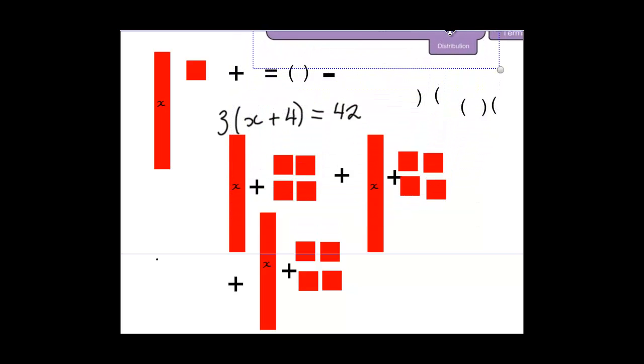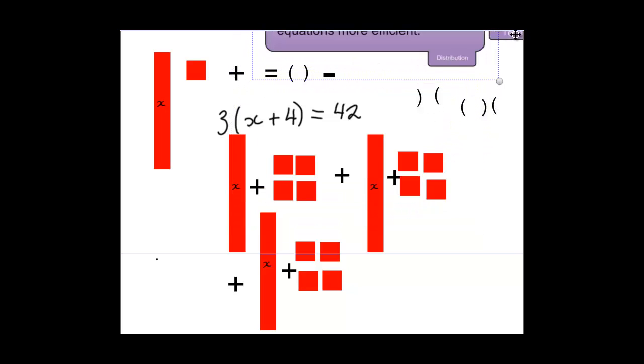Excellent. So we're going to go ahead and see what this looks like now that we have distributed and looked at our equation. Now that I've gotten rid of those brackets, if I do what I did before and look at things that are the same, I'm going to put this 4 with that 4.